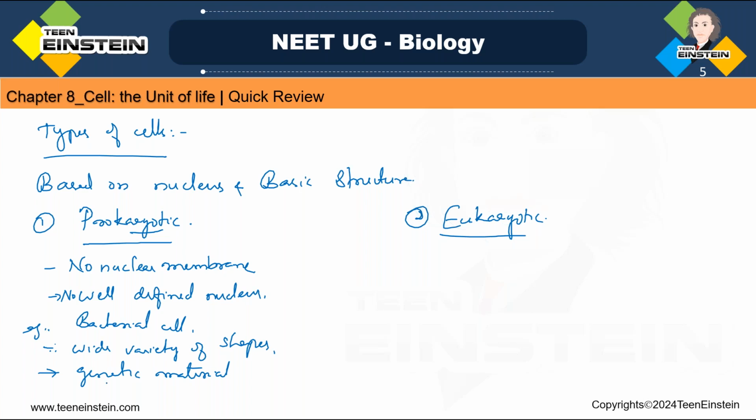These smaller DNAs are called plasmids. These plasmids have some unique phenotypic characters, unique features that they give to the bacteria. One such character is antibiotic resistance.